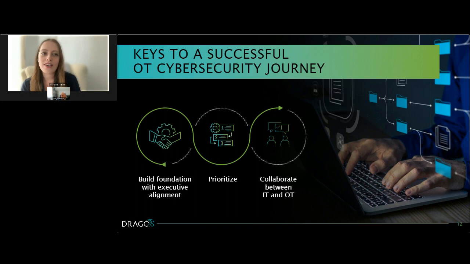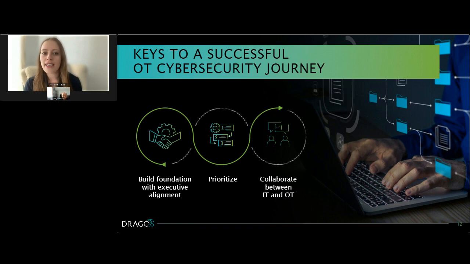So our recommendations for a successful OT cybersecurity journey start with building a strong foundation with your executive team and key stakeholders and gaining alignment on what needs to be done and a path moving forward. Prioritizing what those actions look like and what needs to be accomplished in order to carry out that plan.